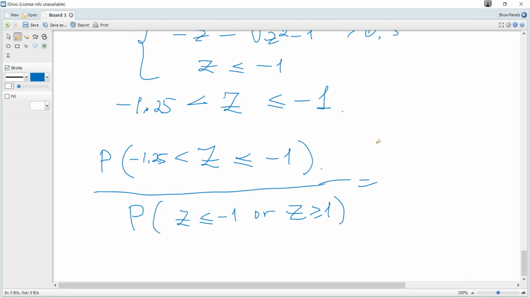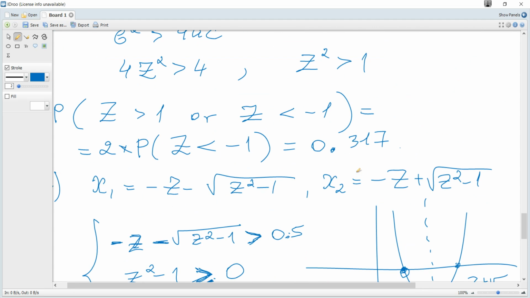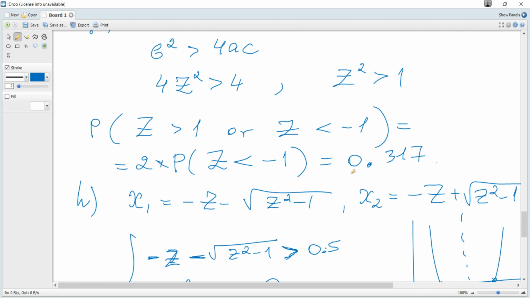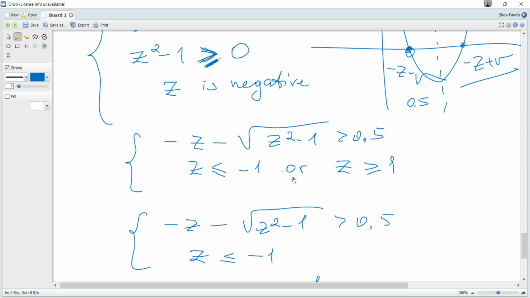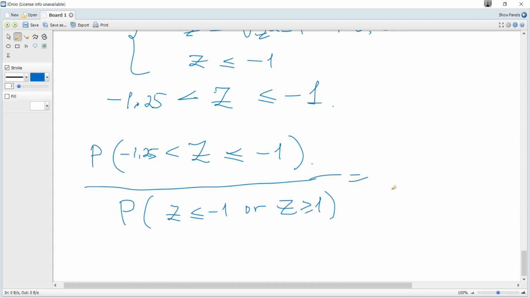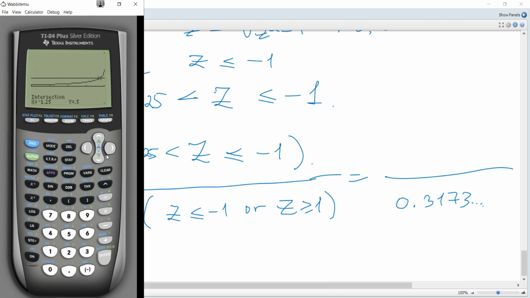It's actually this answer from the previous part. But let's use the exact values, so it becomes 0.3173, and so on.